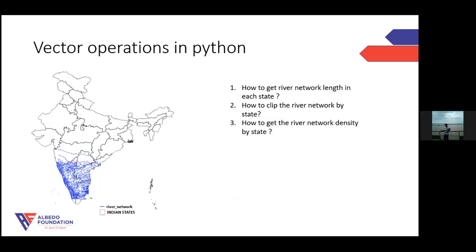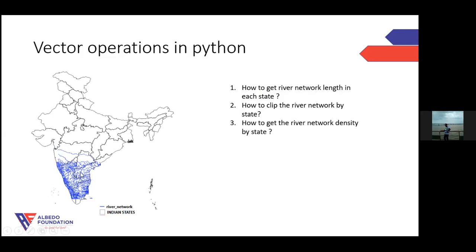So this is polygon operation. One more application of Python is the line operation. I have a river network corresponding to a few states of India. I have just taken a subset of the river network for India, just for demonstration purposes. Now how to get the river network length in each state?